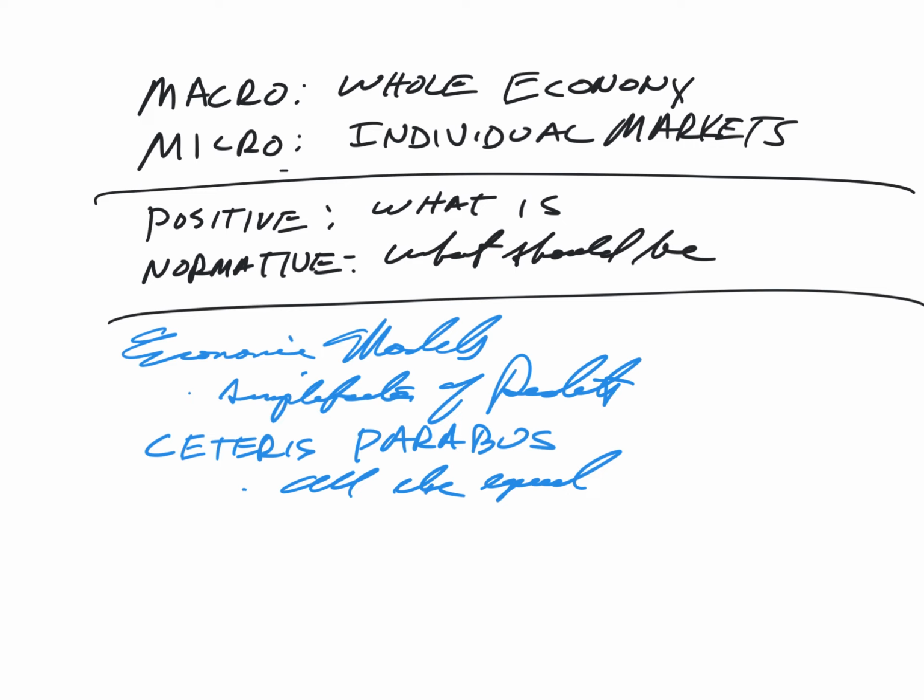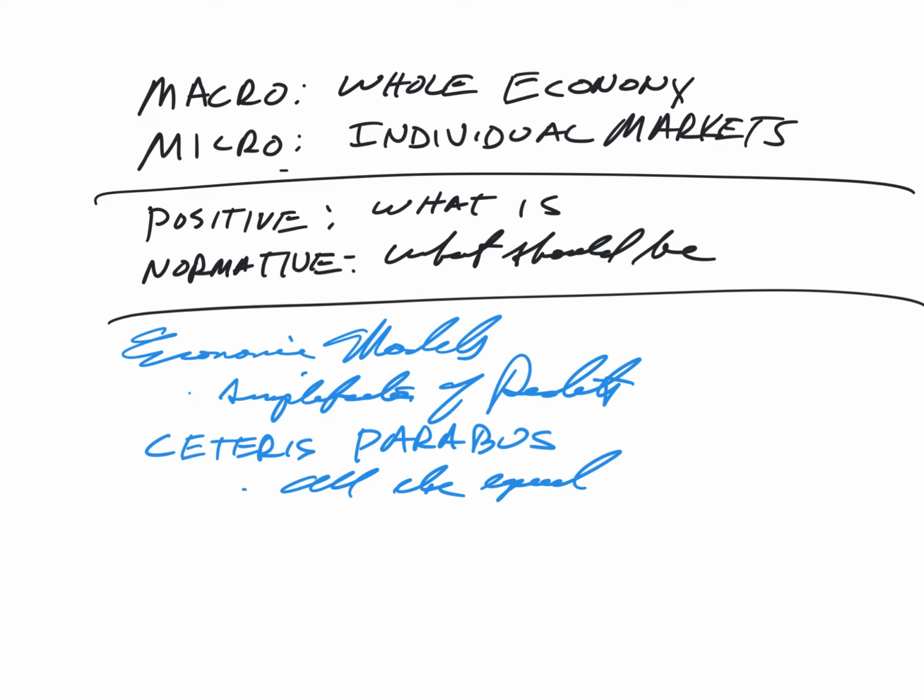So, for example, if we want to know what affects the demand curve for bicycles, well, we can look at the price of the bicycle, the price of cars, the price of skateboards, maybe a substitute, things like that. Income certainly plays a part.